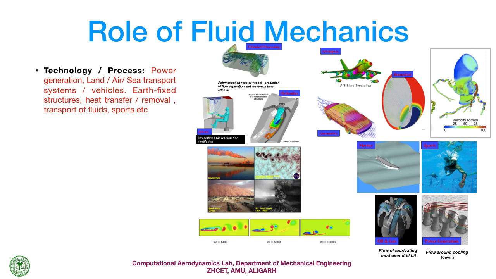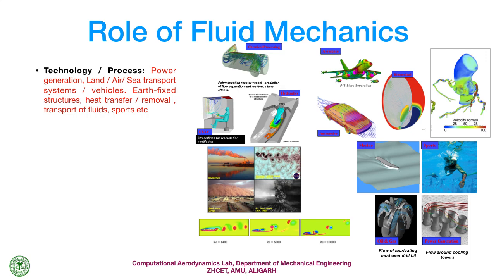If I talk of the swing of the cricket ball, that is purely fluid mechanics. So the swing of the cricket ball is the deviation which a bowler can impart due to the ball's flow in air.